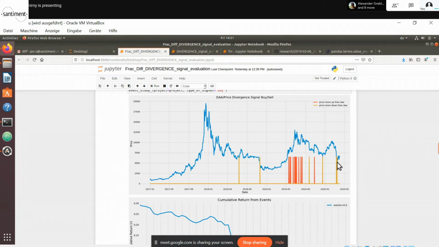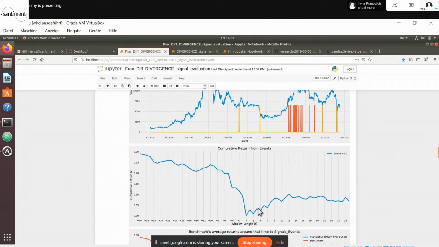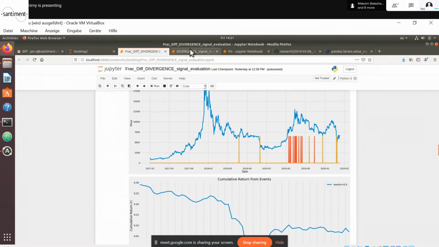Well, you don't sell here, but here also the buy signal is pretty good. And the event study would also tell us that after the buy signal, we typically have an upside of around, I don't know, 10%, which is of course only for 6 signals in this case.